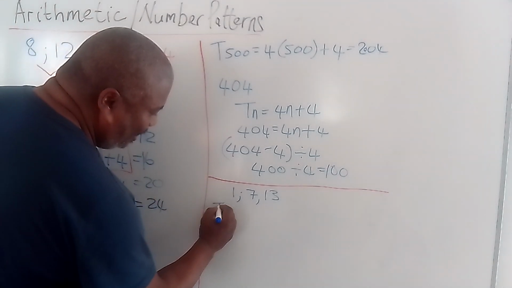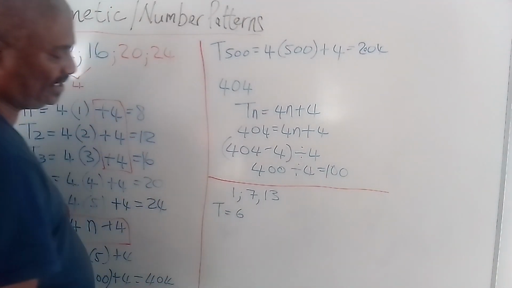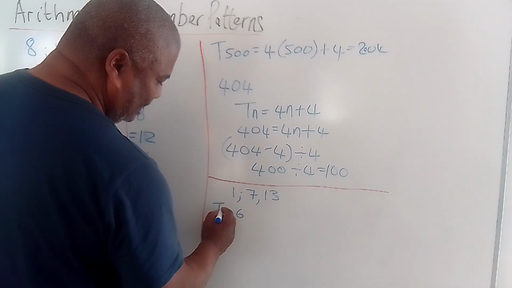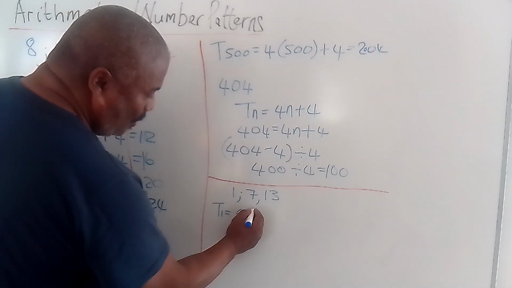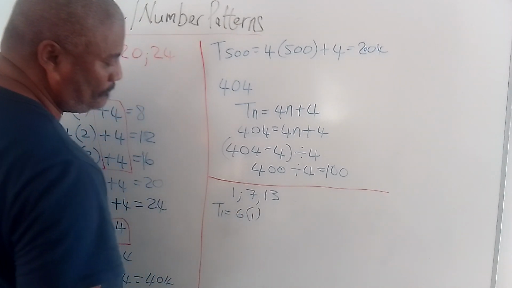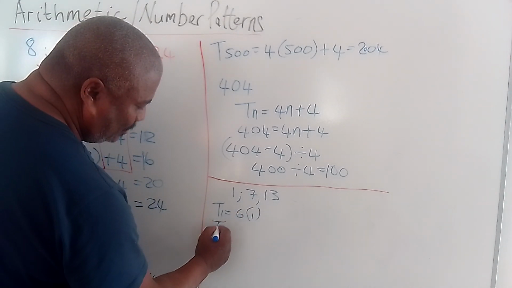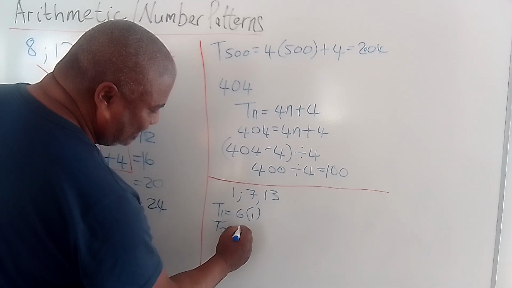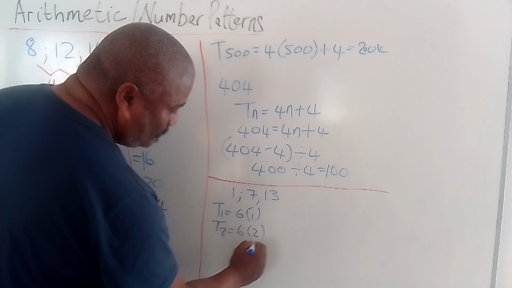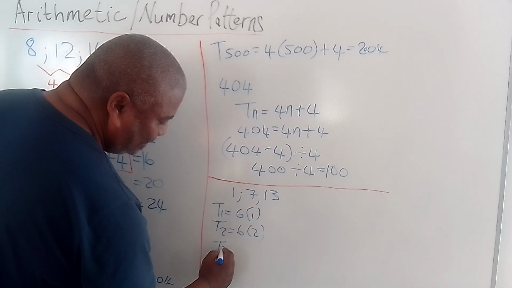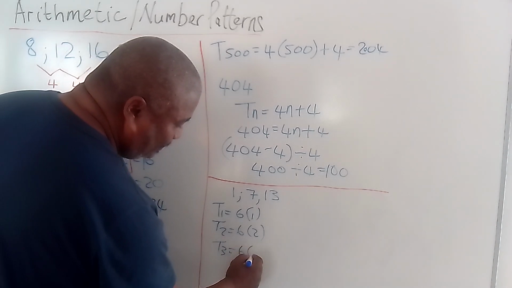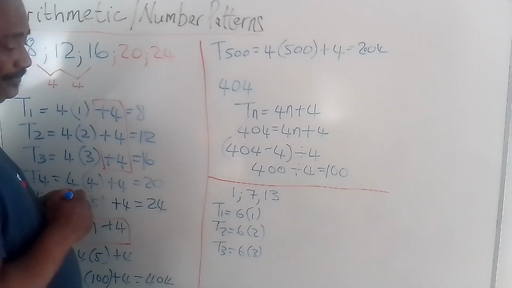So let's see, our T1 is equal to 6 times 1, our T2 is equal to 6 times 2, our T3 is equal to 6 times 3.